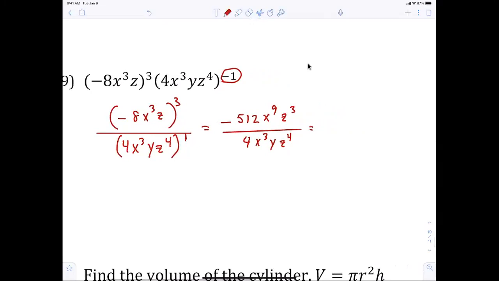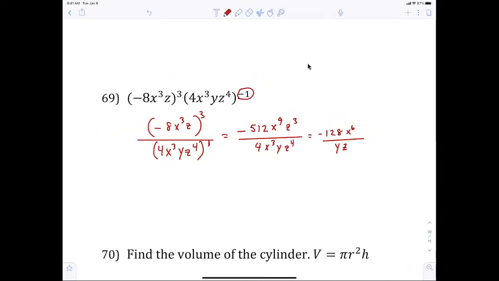And 512 divided by 4 is obviously -128. Subtract exponents. X to the sixth. What about the y? Y just stays on the bottom. And there's a z to the first. Where at? On the bottom. Beautiful.